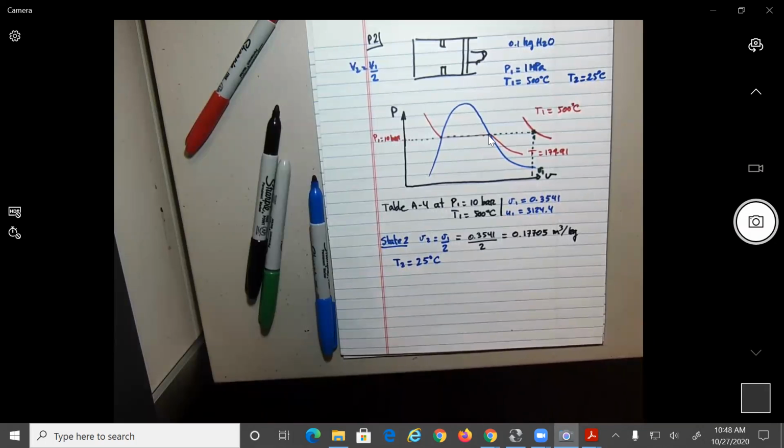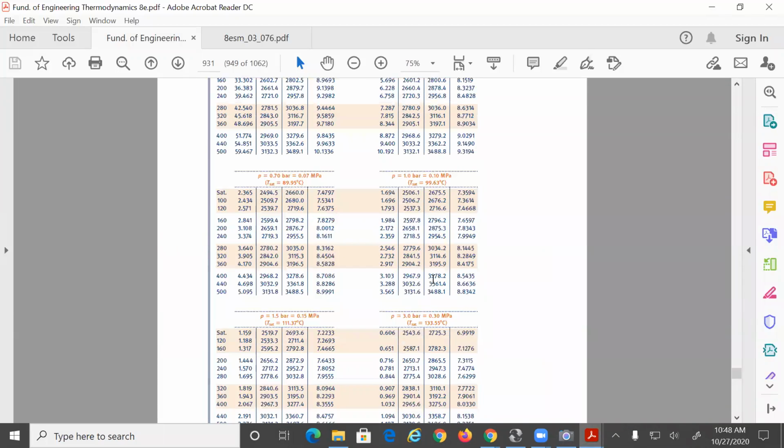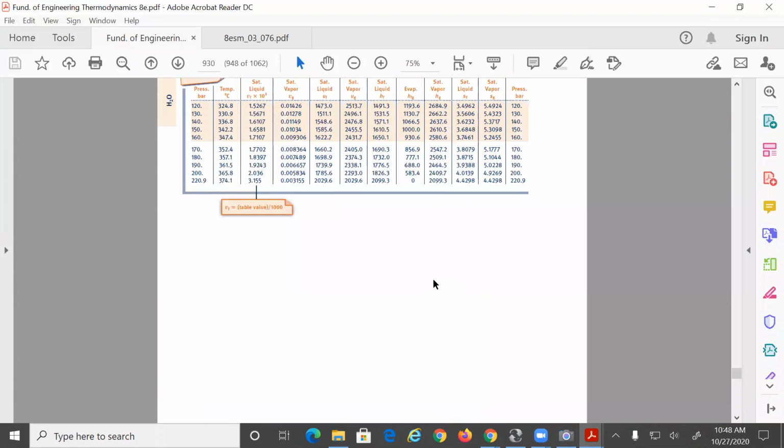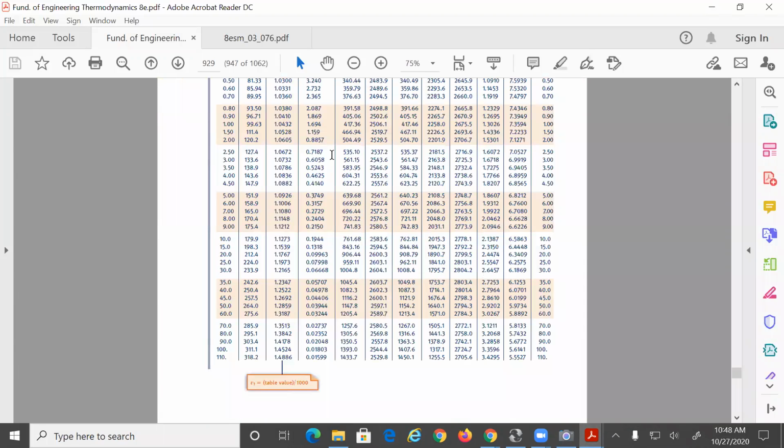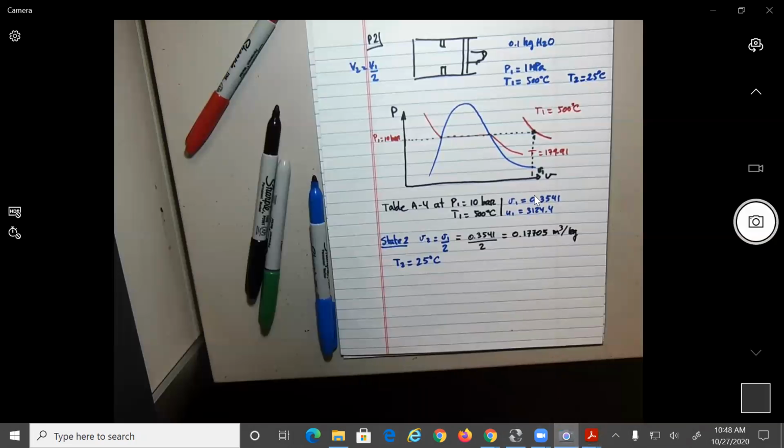So let's see at 10 bars, from table A3. Are you following me here, or am I going too fast? What I'm trying to find is the value of V gas for 10 bars, so we know if we're still in this area, or we are in the mixture, or we might even be in the liquid, depending on the value of V.